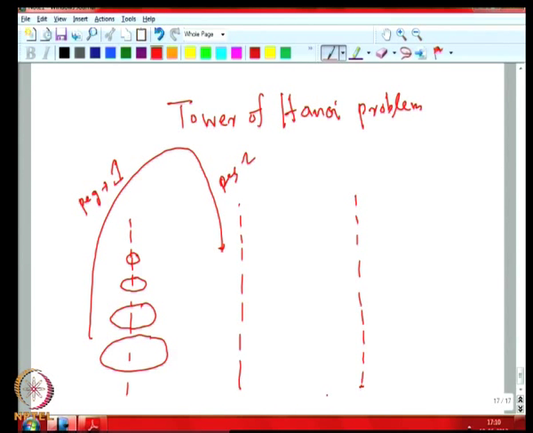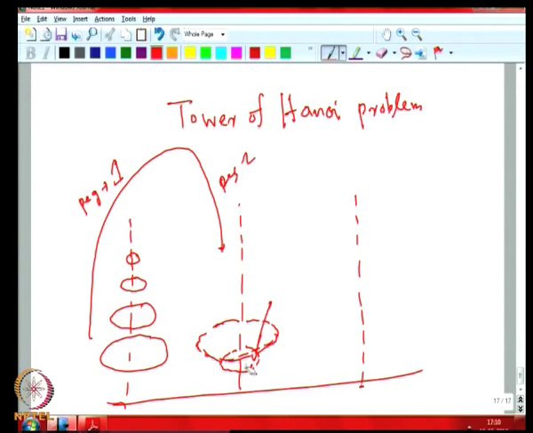We are not supposed to keep a disc on the floor, it can stay only on these pegs, otherwise it will get destroyed. There is another problem: you cannot put a bigger disc on top of a smaller disc. This is not an allowed thing, maybe the smaller disc will get damaged because of its weight.